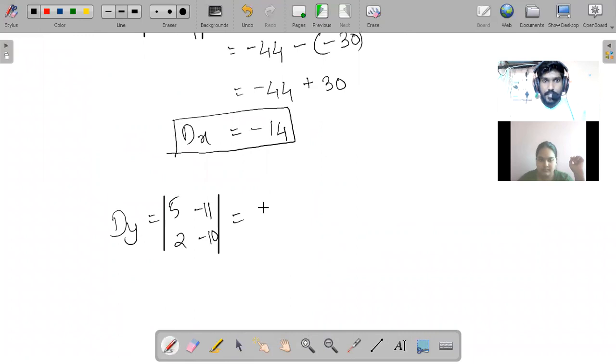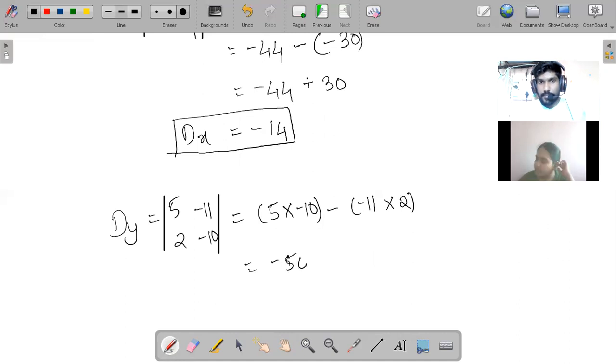So let's find out the determinant. So this is 5 into minus 10 minus 11 into 2. 5 into minus 10 will give you minus 50, and minus 22.